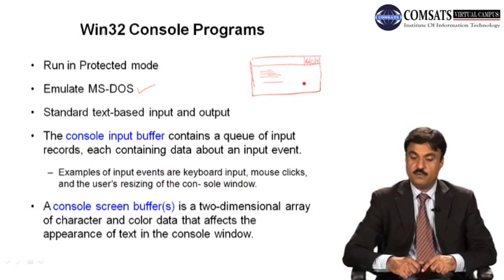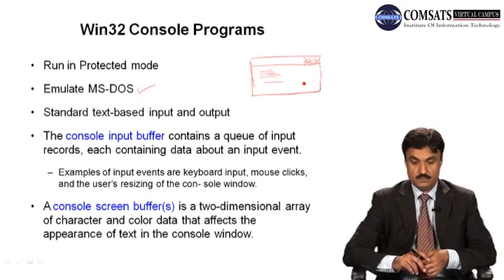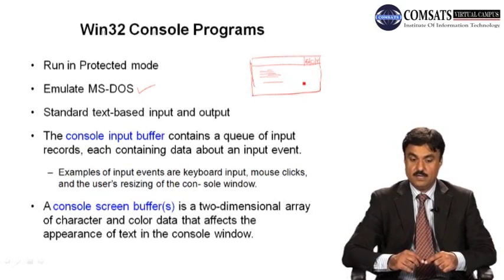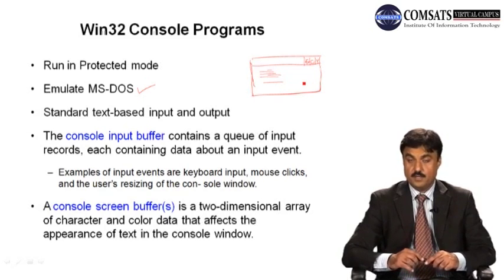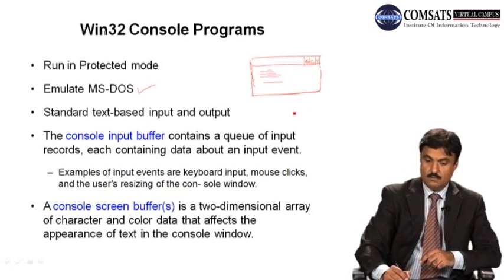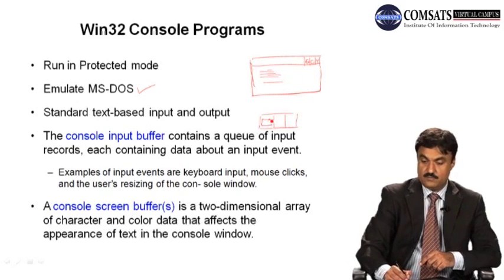There are two types of buffers which we use: the console input buffer and the console screen buffers. There can be multiple screen buffers, and there is one input buffer. The console input buffer contains a queue of input records, each containing data about input events, such as information you read from the keyboard.